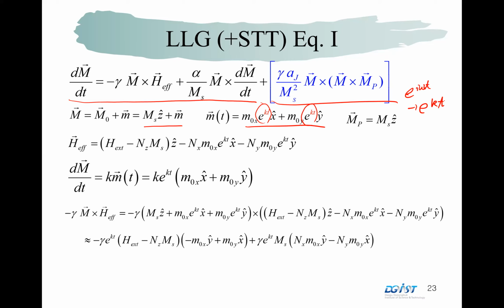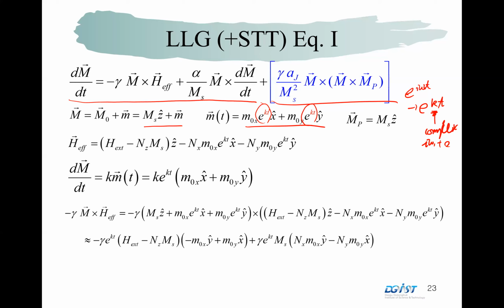So you can easily find that k is equal to i omega, which is just harmonic motion. But generally here, this k is a complex number. So it can be i omega or a certain real number. So just imagine that k is a complex number.